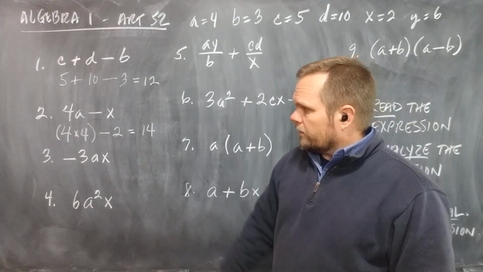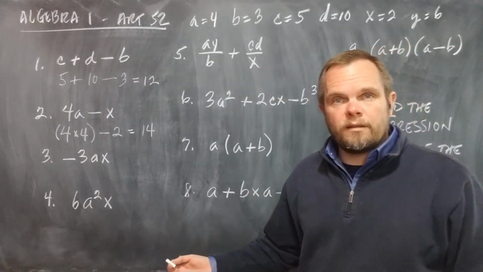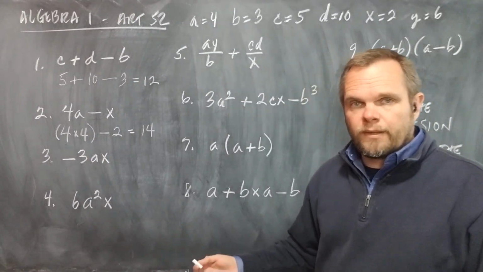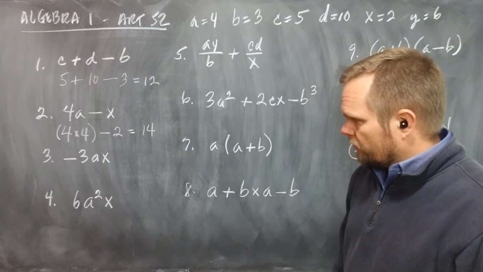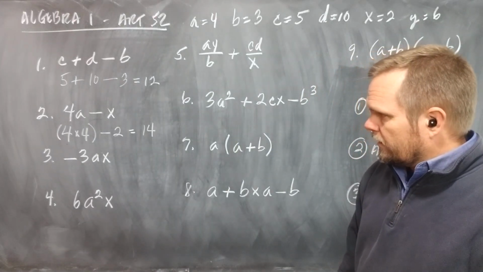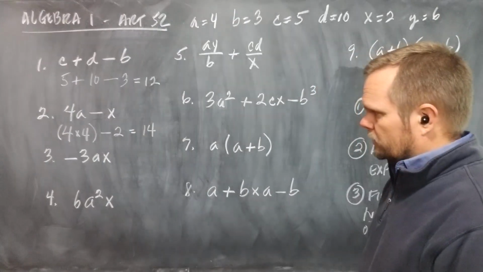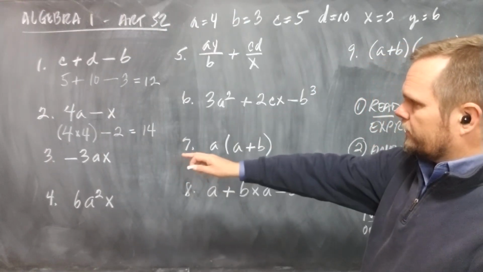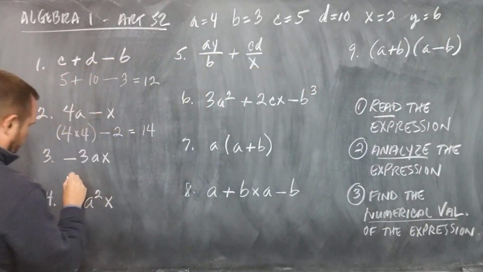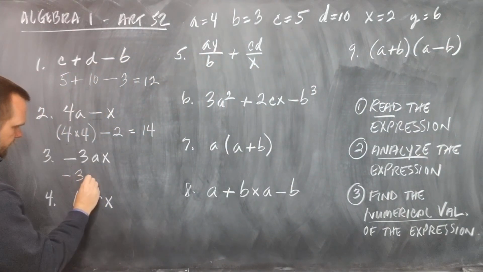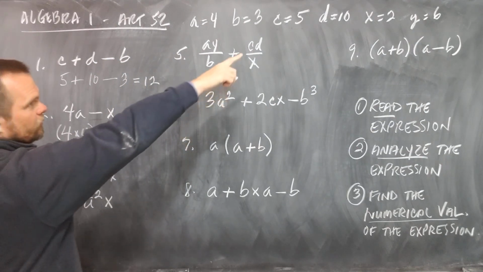Now, if we look at this expression, we see that there is only one term. It's a monomial. Now let's find the numerical value of this expression. Negative 3 times a, which is equal to 4, negative 3 times 4 times x, which is equal to 2.